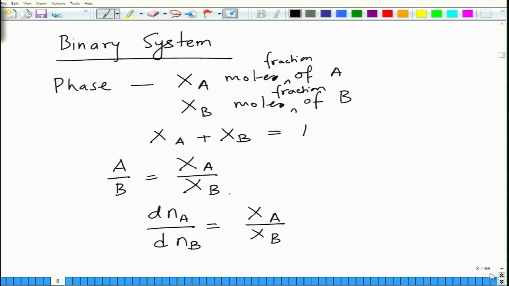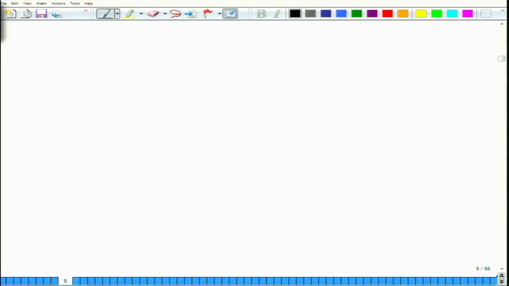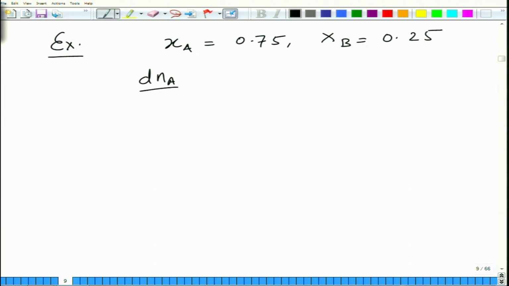Let's say for an example, if XA is equal to 0.75 and XB is equal to 0.25, then dNA by dNB will be 0.75 to 0.25. This is nothing but 3:1.